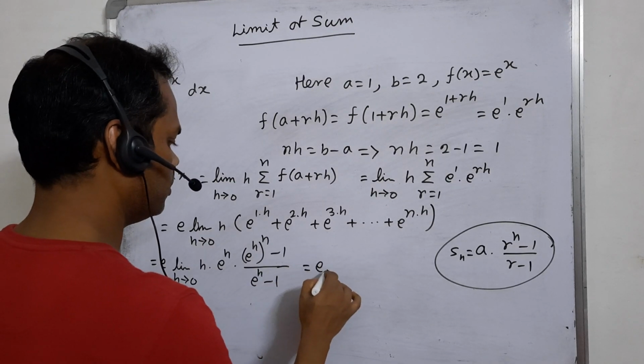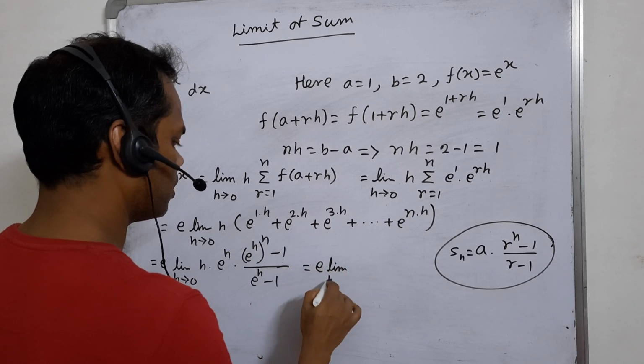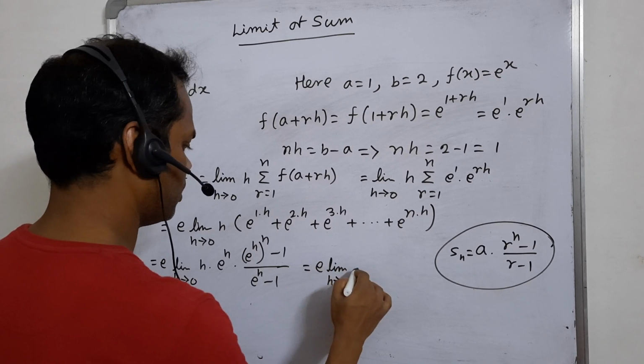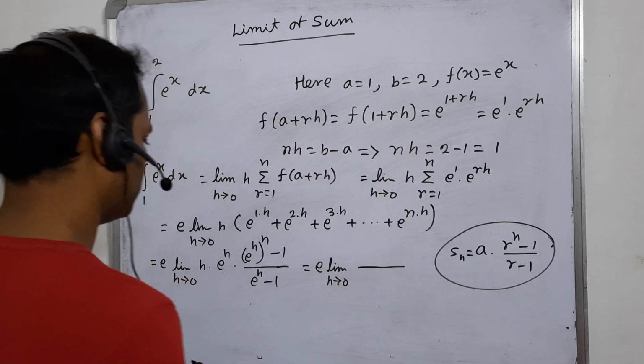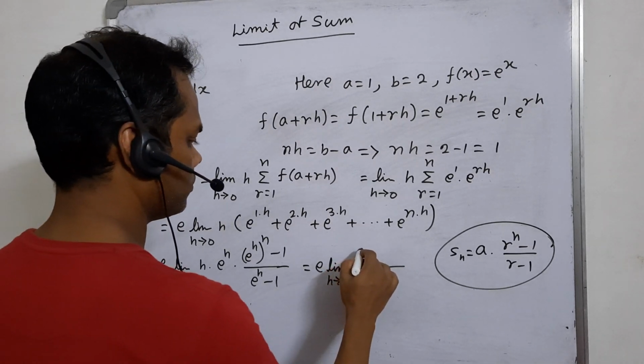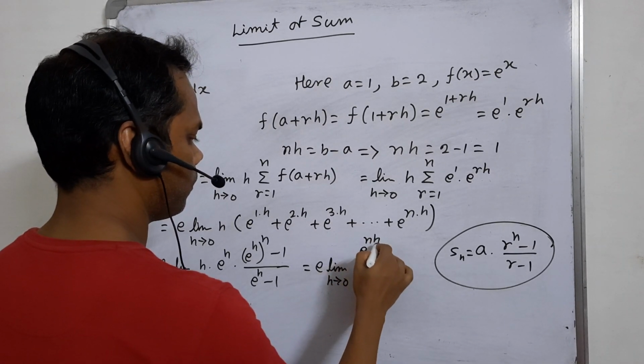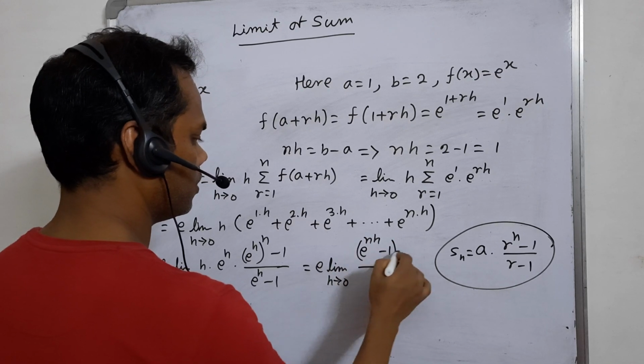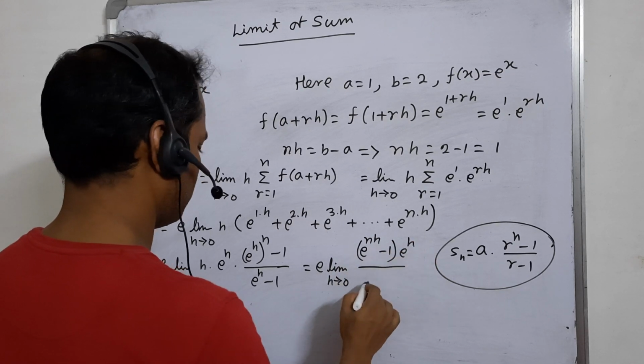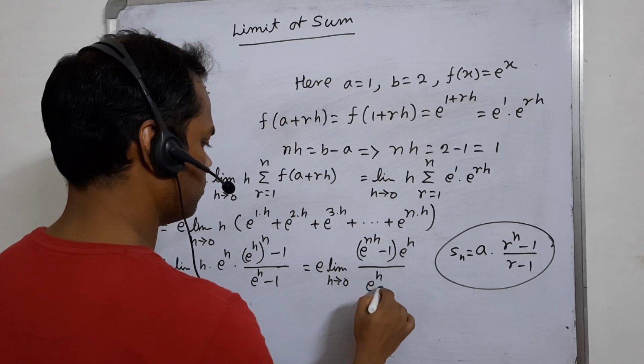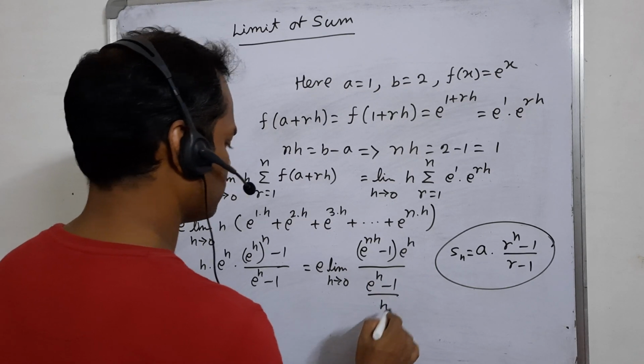Therefore e into limit h tends to 0 of (e to the power nh minus 1) into e to the power h, by (e to the power h minus 1) by h.